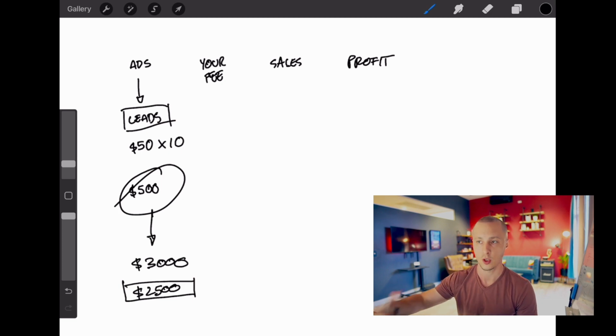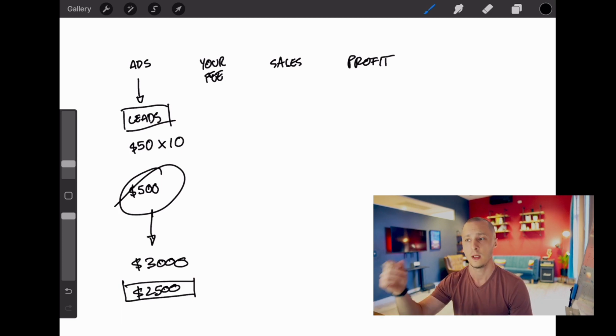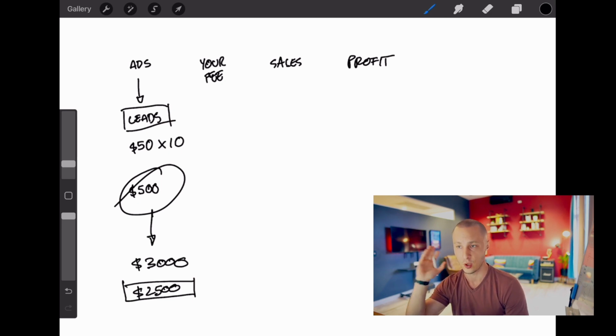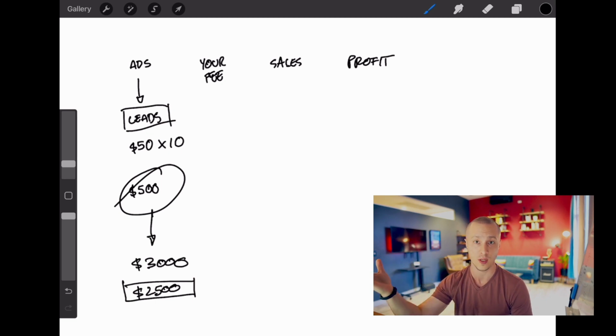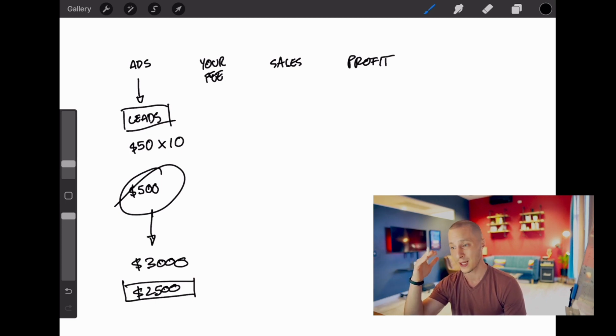Like if they make $3,000 on a sale, it's not necessarily that all of that is profit. Like there might be just general expenses that they have to incur because they are a business, right? They might also not collect all of that cash, like the 3K, entirely up front. So, if you minus the ad spend, you get 2,500.